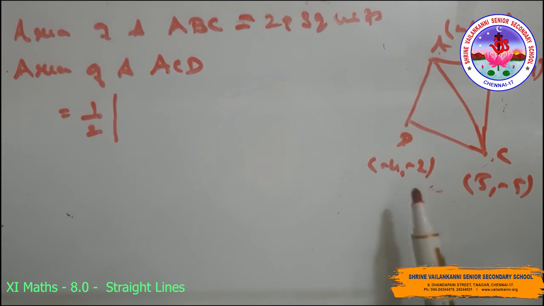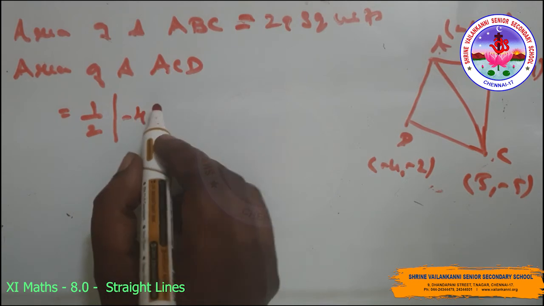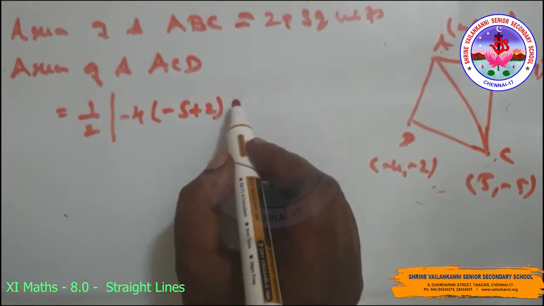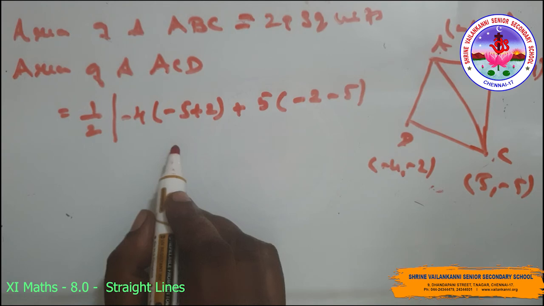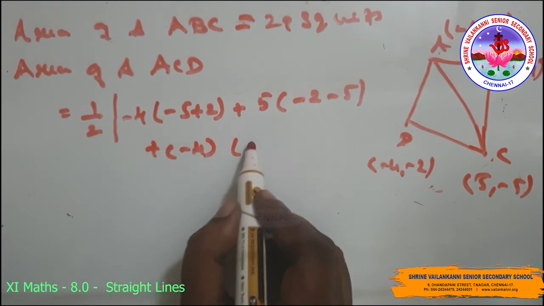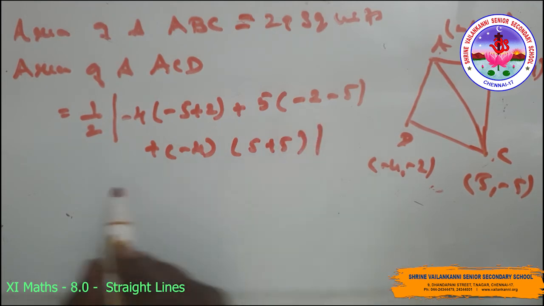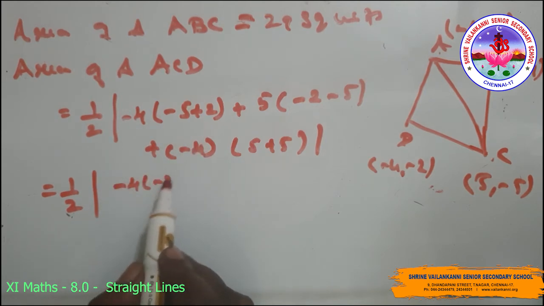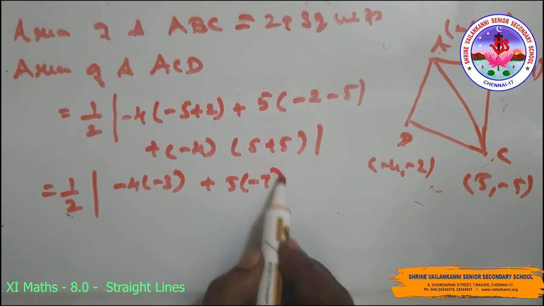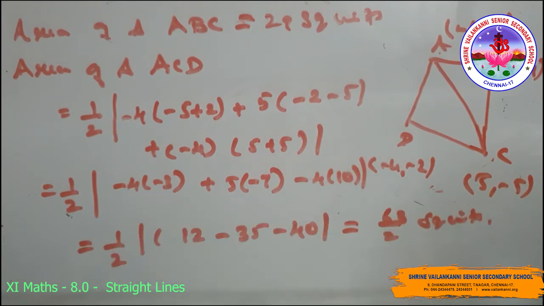Using the formula, half into x1 into (y2 minus y3) plus x2 into (y3 minus y1) plus x3 into (y1 minus y2), the area of triangle ACD is half of [-4 into (-5 plus 2) plus 5 into (-2 minus 5) plus -4 into (5 plus 5)], which is half of [-4 into -3 plus 5 into -7 minus 4 into 10], which is half of (12 minus 35 minus 40), which is 63 by 2 square units.